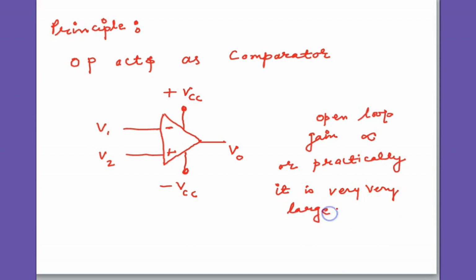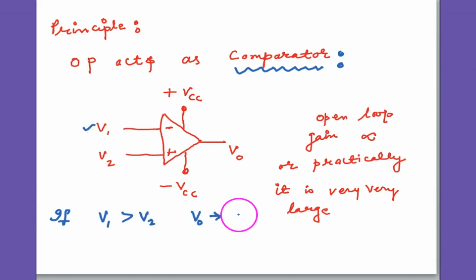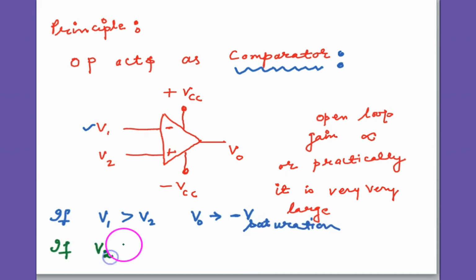Comparator means if V1 is greater than V2, meaning the voltage at the minus terminal is greater, then the output attains the value of minus V saturation. And if V2 is greater than V1, then the output attains plus V saturation. So the output swings depending upon which voltage is greater.